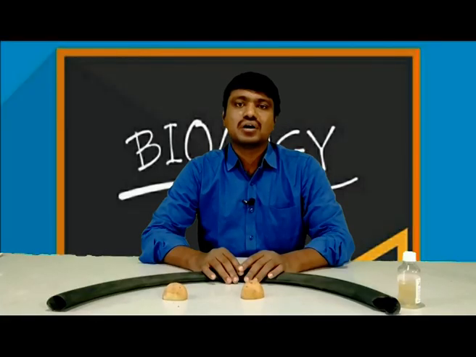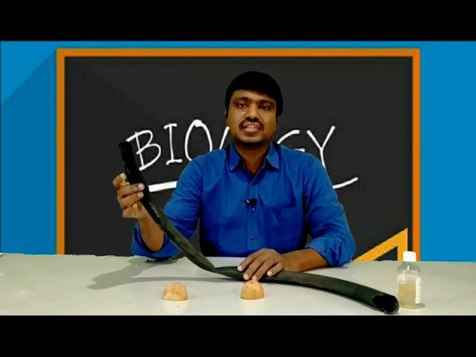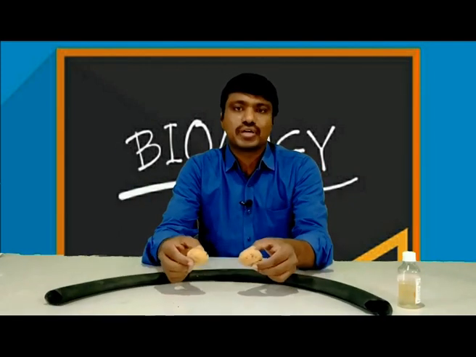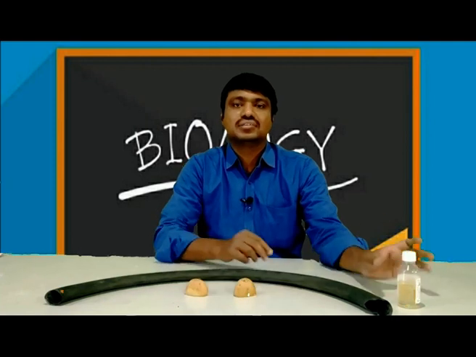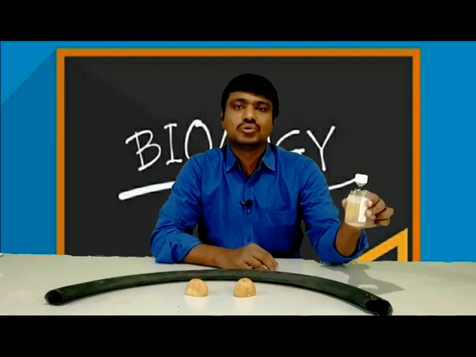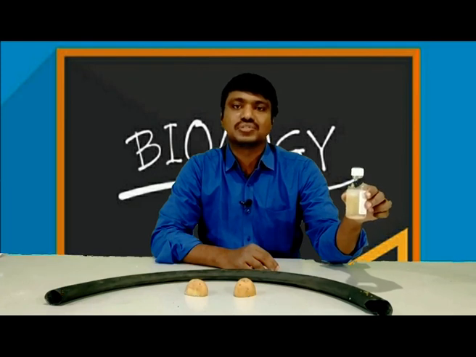Let us know the role of esophagus in passage of bolus into the stomach by doing this activity. Observe how the movement of bolus takes place through esophagus. For doing this activity, the materials required are a waste cycle tube, 2 potatoes and oil to lubricate the potatoes and the inner walls of the cycle tube.